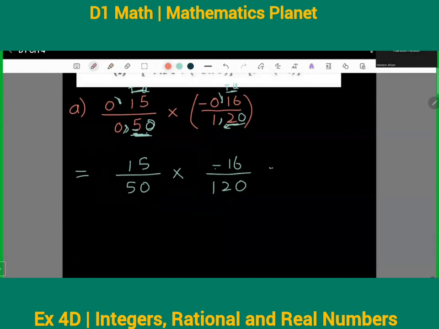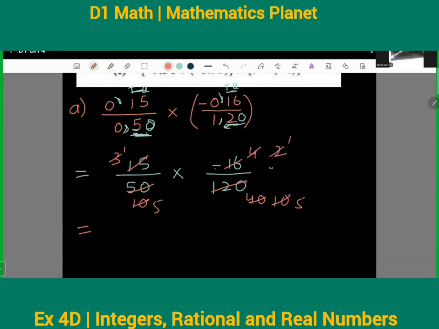Clear? Yes. Now, because it is a sign of multiplication, we can do the simple cancellation process. So 5 times 3 is 15, 5 times 10 is 50, 3 times 1 is 3, 3 times 4 is 12, 0. And then 4 times 4 is 16, 4 times 10 is 40. 2 times 2 is 4, 2 times 5 is 10, 2 times 1 is 2, 2 times 5 is 10.